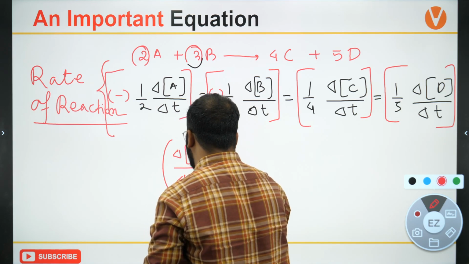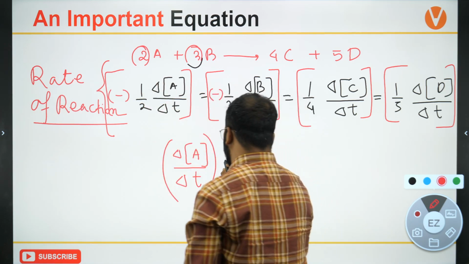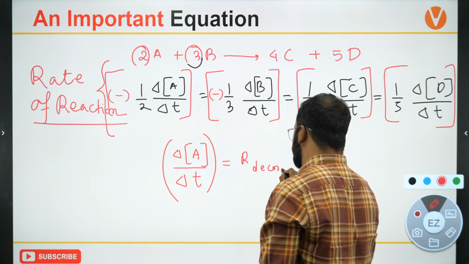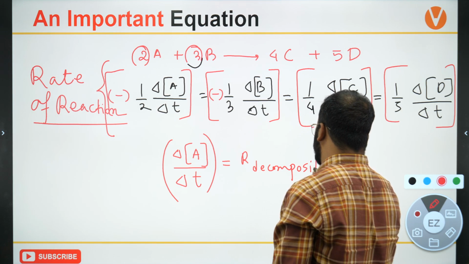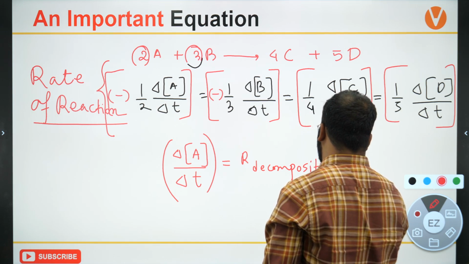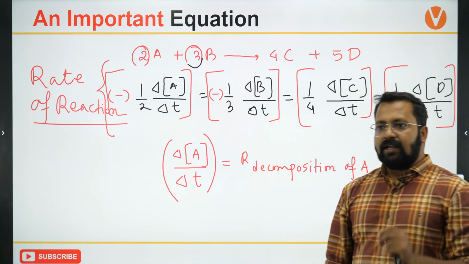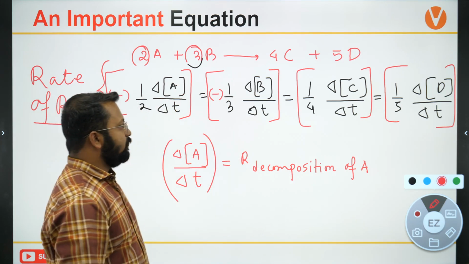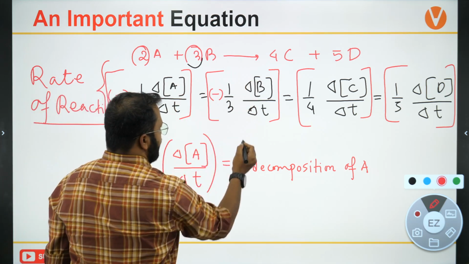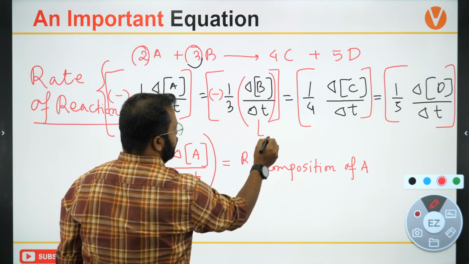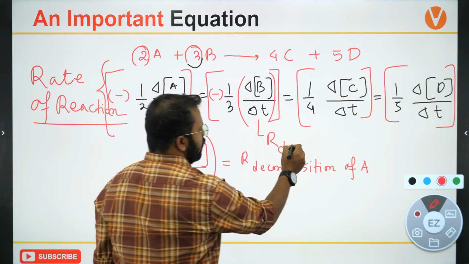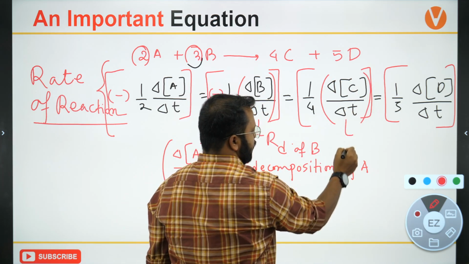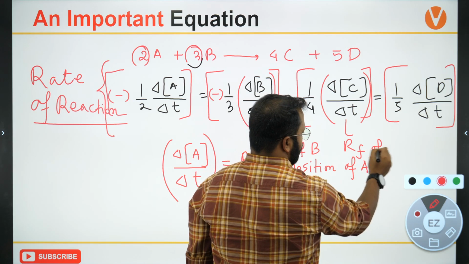But this small part, which is not multiplied by 1 by 2, means rate of decomposition of A, or rate of disappearance of A. This part means rate of disappearance of B. This part means rate of formation of C.